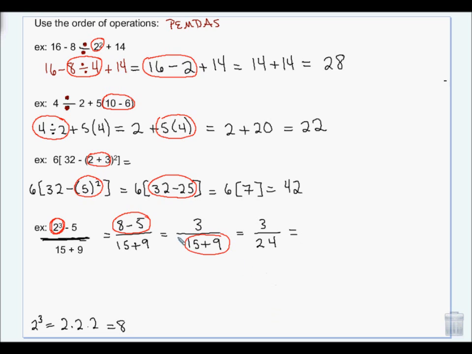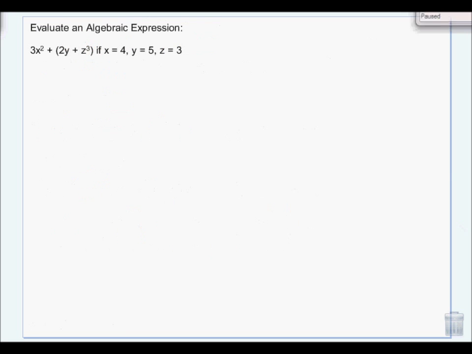Or you could do that in 1 step: 8 minus 5 is 3, and 15 plus 9 is 24 as 1 step. Then you have to reduce it. And so 3 and 24 both divide by 3. So I get 1/8.